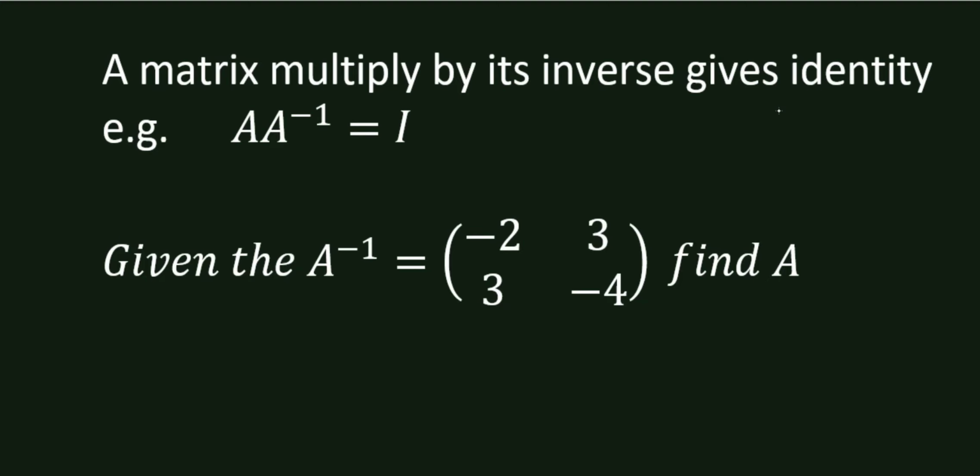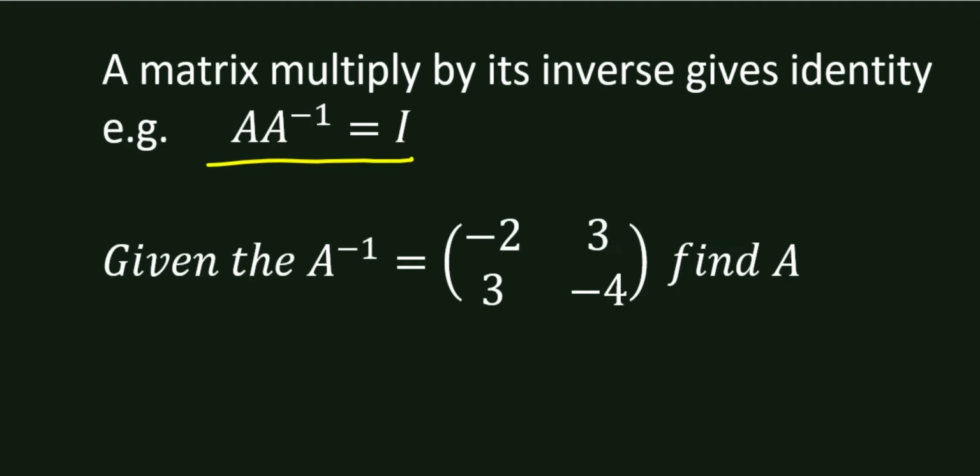If we have 3, the identity of multiplication is 1. 3 multiplied by its inverse or reciprocal gives us 1, so 3 raised to power minus 1 gives us 1. We should know that the identity of multiplication is 1, so 3 multiplied by its inverse is equal to 1.